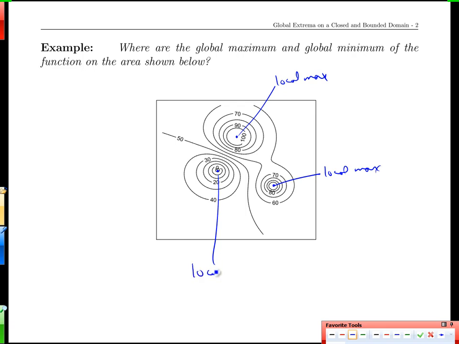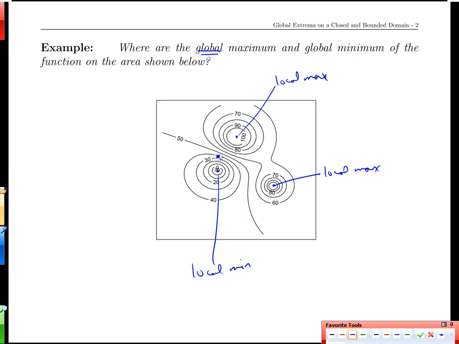This would be a local minimum. And we can learn all that simply from the contour diagram. Now, the other place we were told to consider was the boundaries when we're looking for global maxima. So we know there are two hillsides here with a peak and a peak, and a valley down here with a point at the lowest height possible in that valley. That would be a local min.